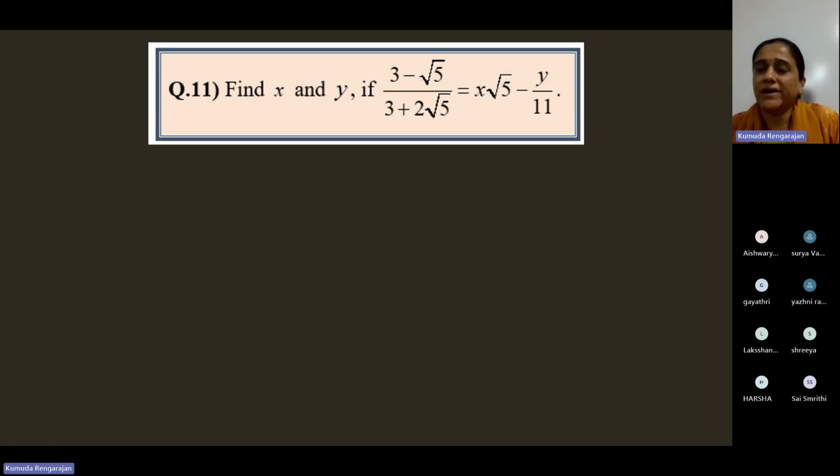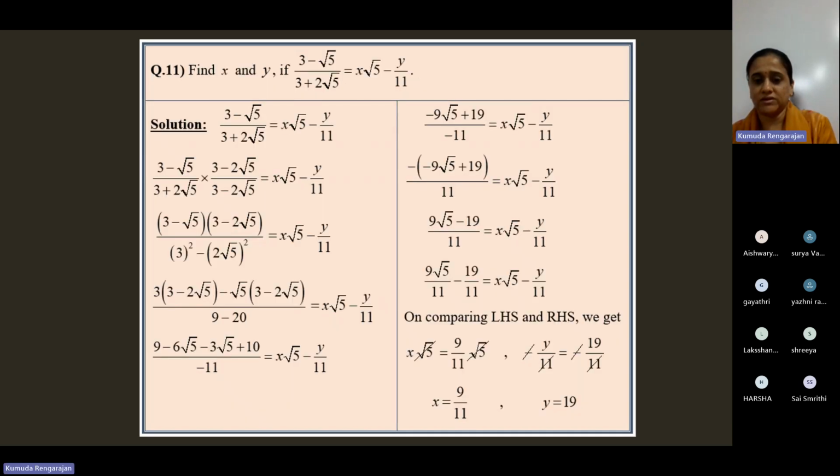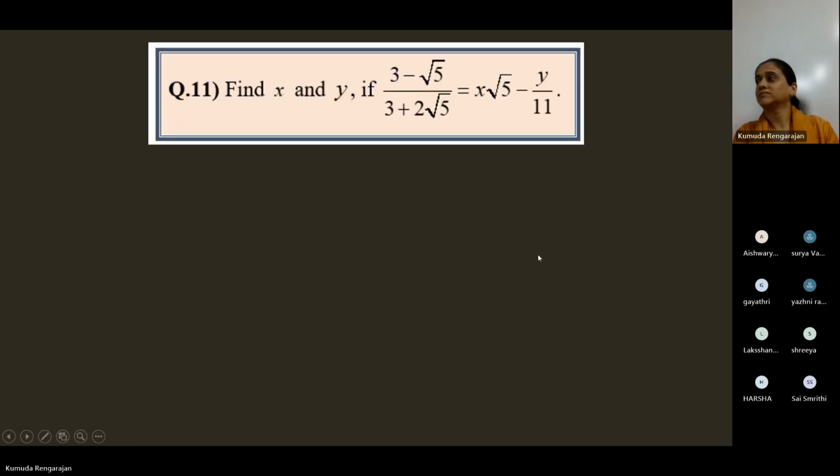Multiply and divide by its conjugate 3 minus 2 root 5. The RHS should be written as it is, x root 5 minus y by 11 as it is. 14. And x is? No. Minus?